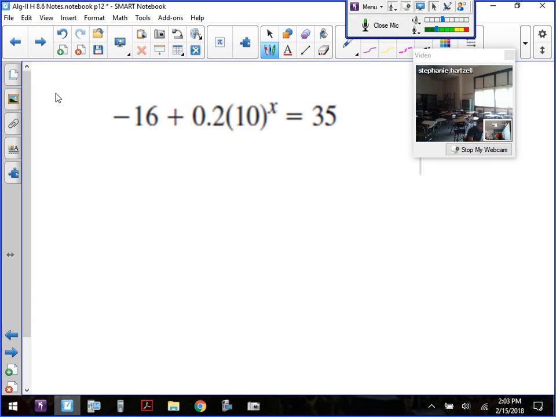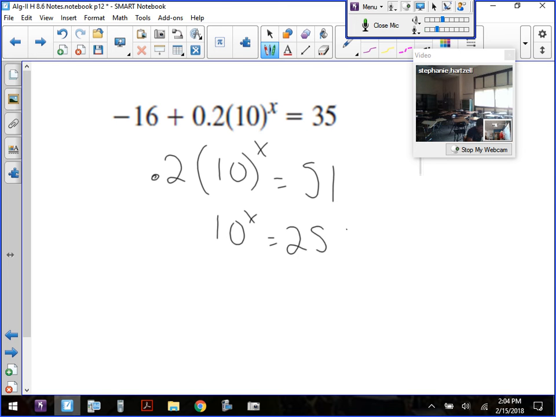All right, same idea. First thing we do is we got to move that negative 16, so we add it over. 0.2 times 10 to the x is 51. Divide by 0.2. I don't know what you're going to get. 255.